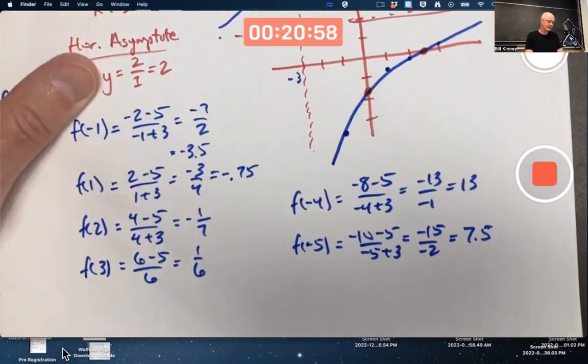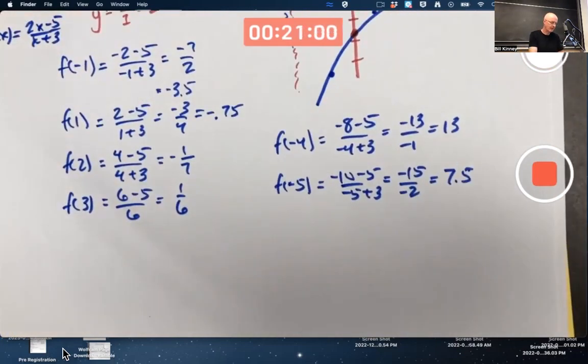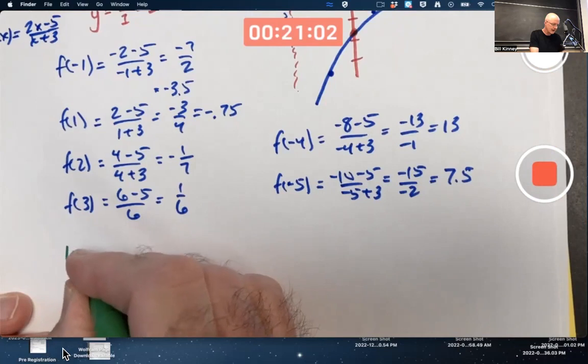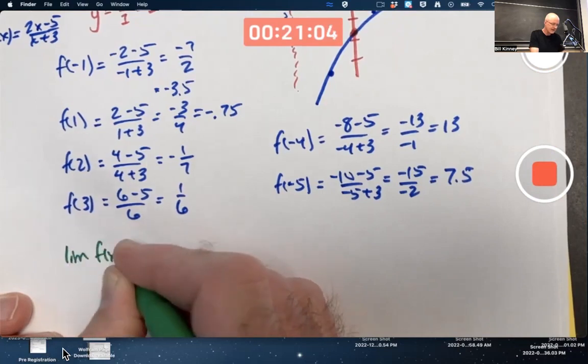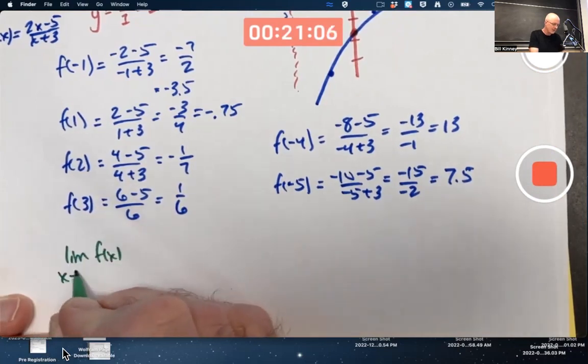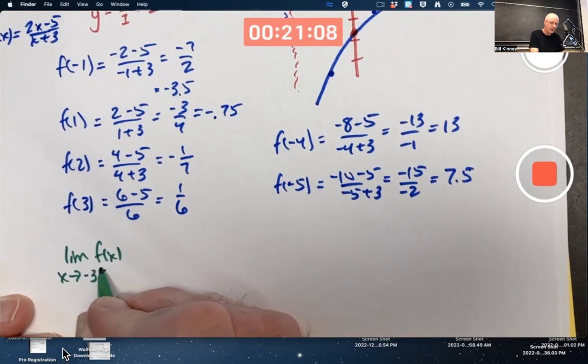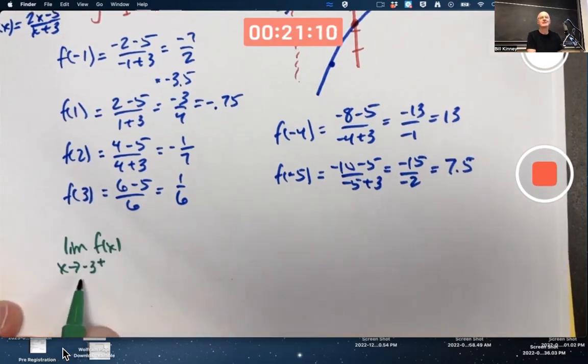How about some limit calculations? What's the limit of this function f of x, for example, as x approaches -3 from the right? That negative sign means this is the number -3.